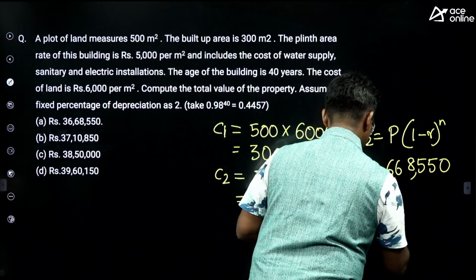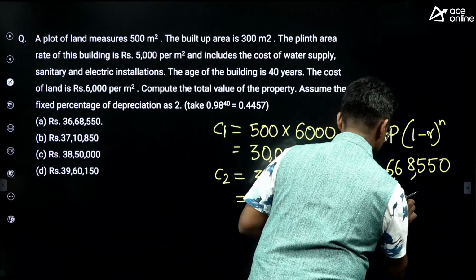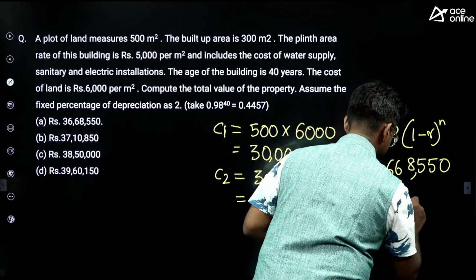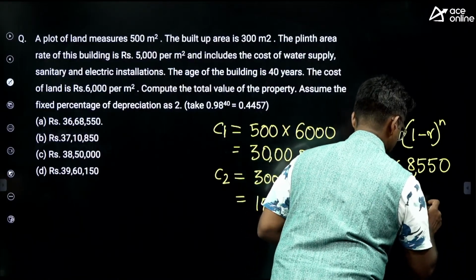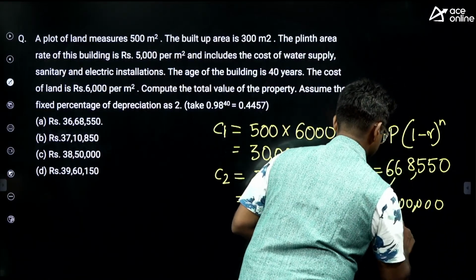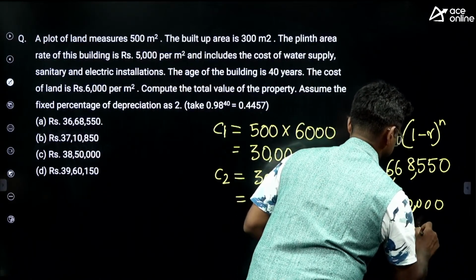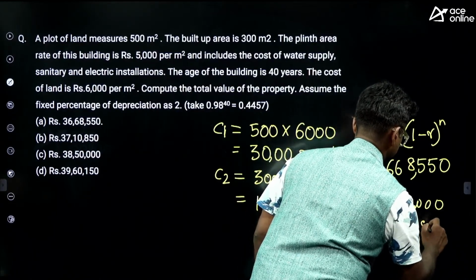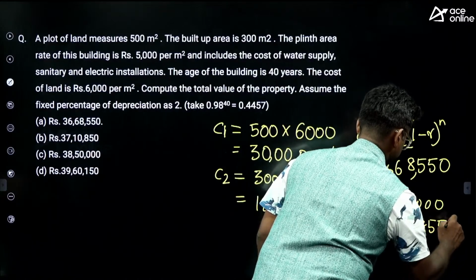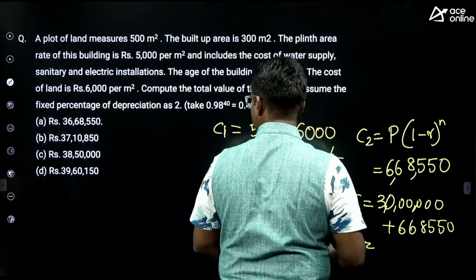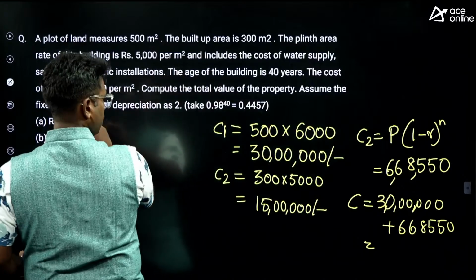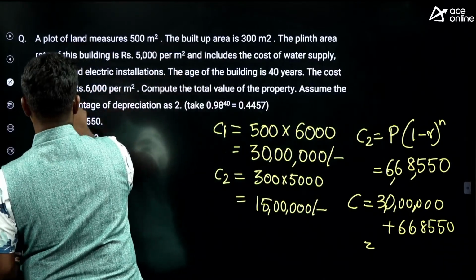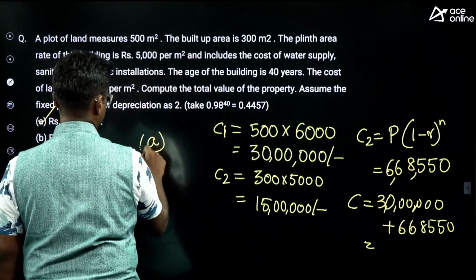So 30 lakhs, not 3 lakhs, 30 lakhs plus 668,550, which gives you a total sum of this one. Answer is A.